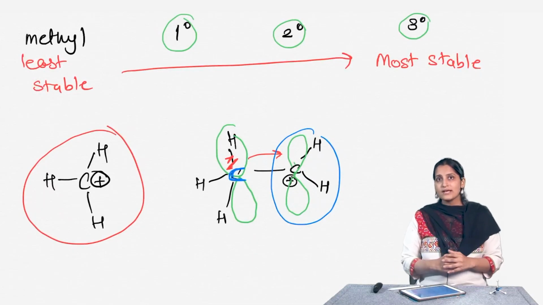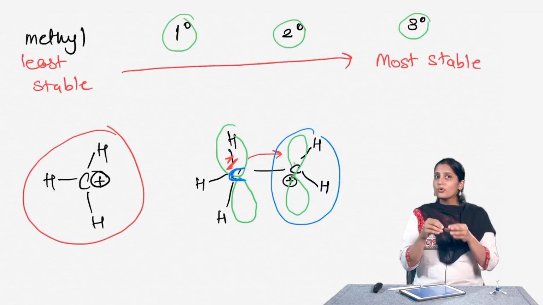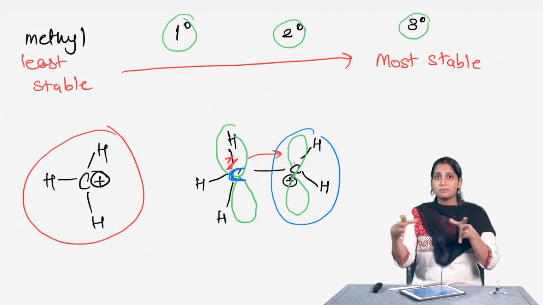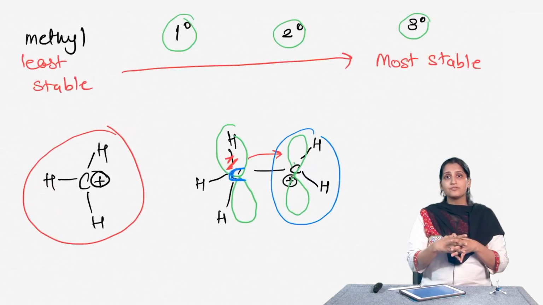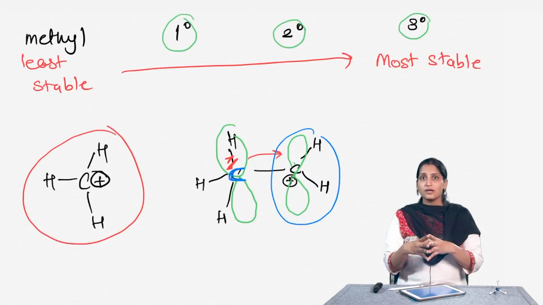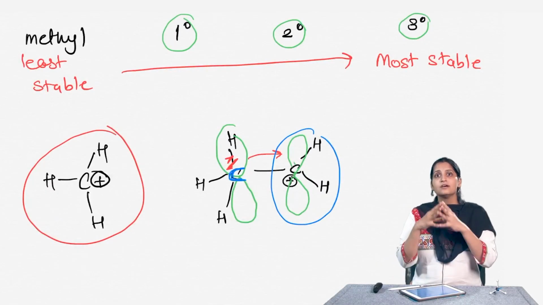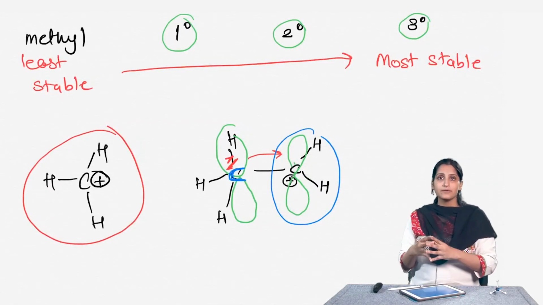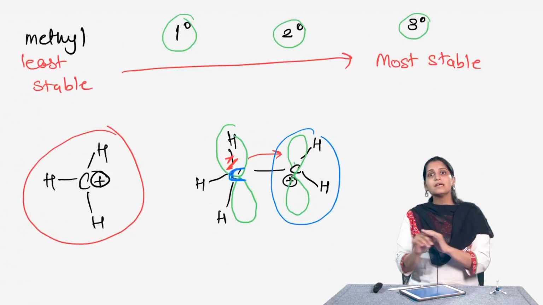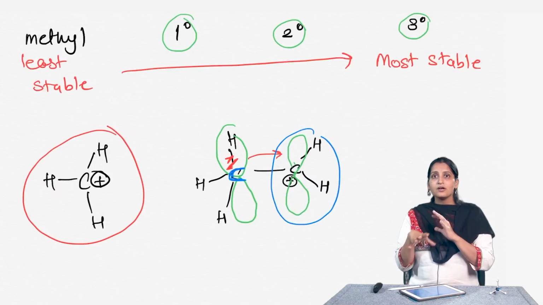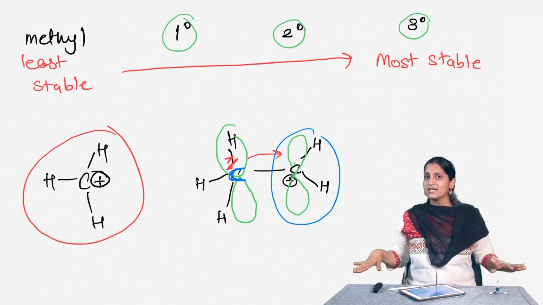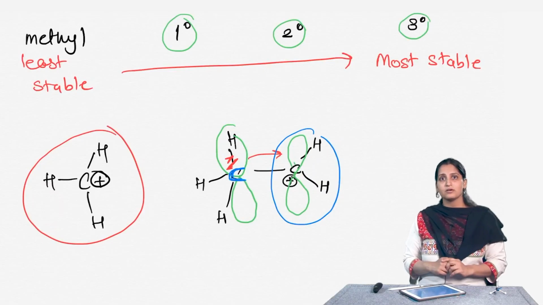As a result of this, what has happened? The positive charge is no longer localized on that carbon, it is now spread out over a greater volume of space. And when we were studying acids and bases, this is what we talked about, right. Dispersion of charge really helps the molecule to be stable, right. So, in this case, the dispersion of the positive charge stabilizes the carbocation, because a charged species is more stable if the charge is spread out. Nature hates charges, that is what we always remember, right.